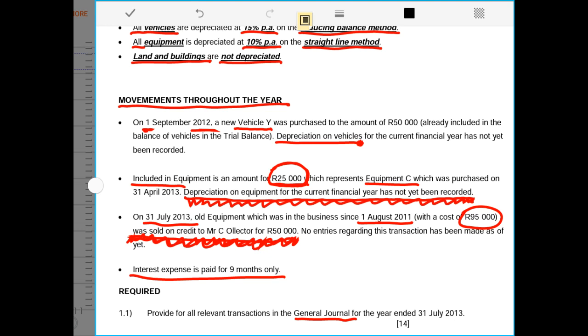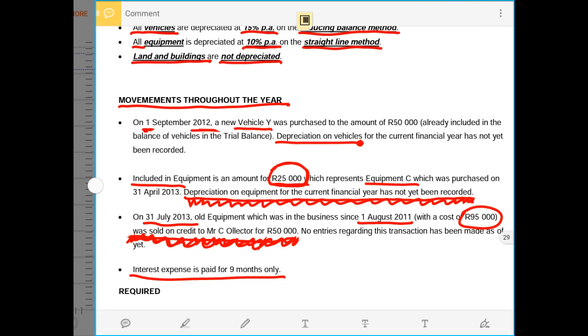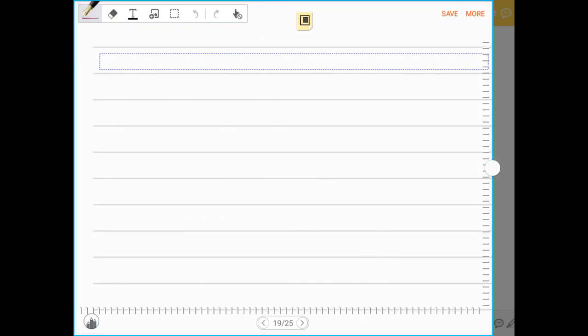So now let me begin with the ledger account for vehicles at the cost price. First, let me write the name of the exercise on top as a heading. This is class test for the year 2013.